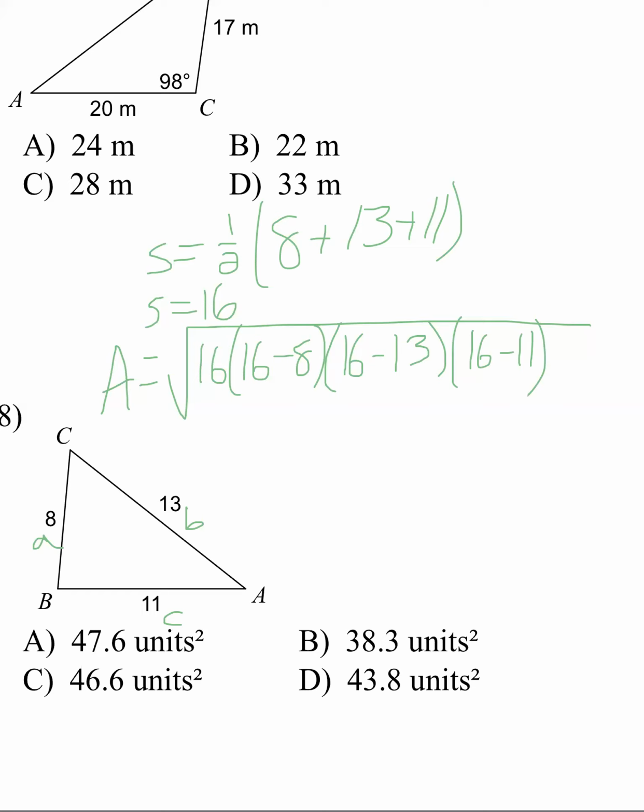Okay, so we'll throw that in the calculator. 16 times (16 minus 8) is just 8. 16 minus 13 is 3. And 16 minus 11 is 5. So I get 43.8. So looks like choice D.